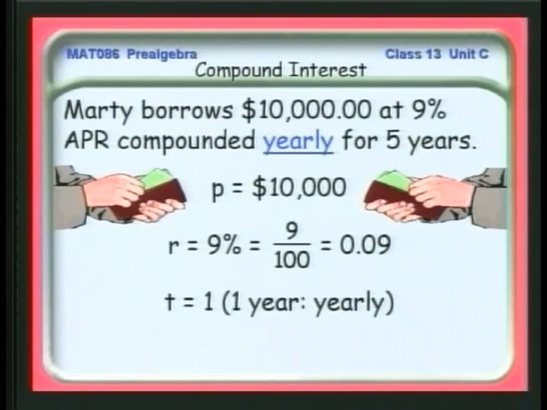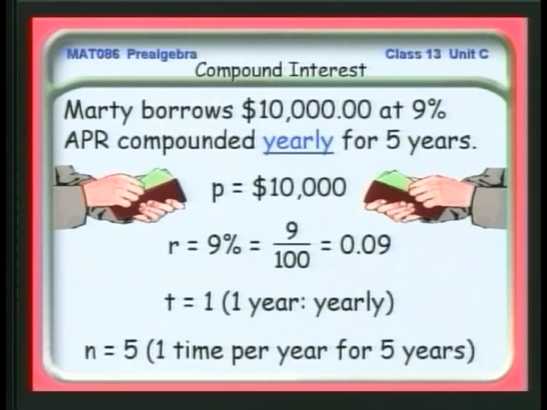And t is equal to 1 because we have yearly interest, and we compound once a year. But since we're compounding it once a year for 5 years, our n factor has to equal 5. We need to take that quantity to the 5th power because we're doing it for 5 years, compounding it once a year.